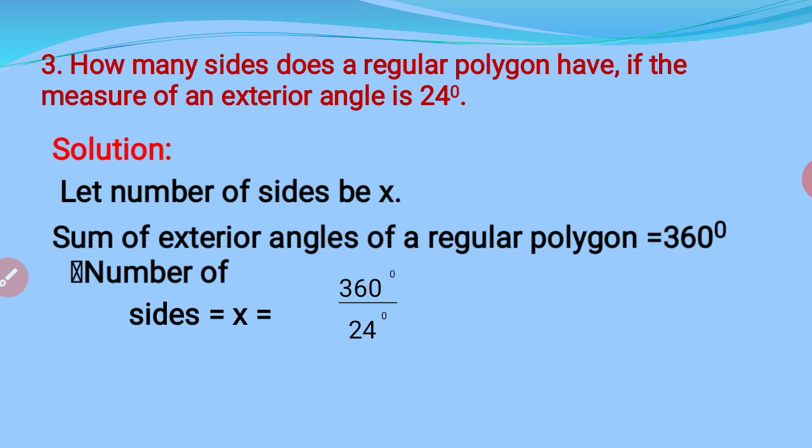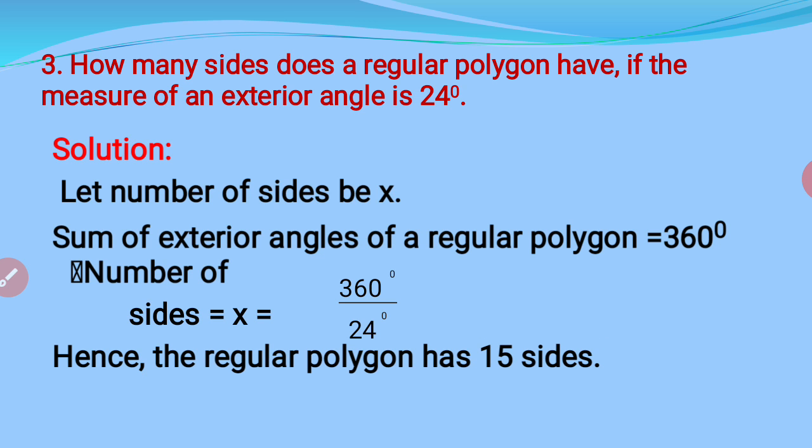Children, in the earlier example or the formula which we discussed, the measure of each angle is equal to 360 upon number of sides. The other way, number of sides also can be found. It is equal to 360 upon measure of each angle. So number of sides here is equal to 360 upon 24, which is equal to 15.